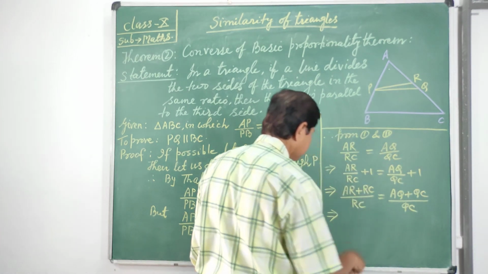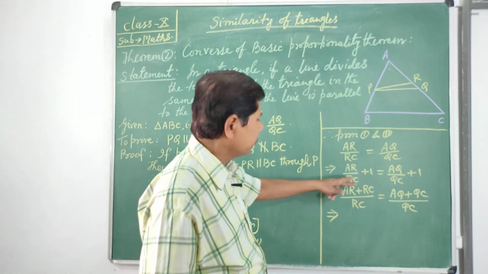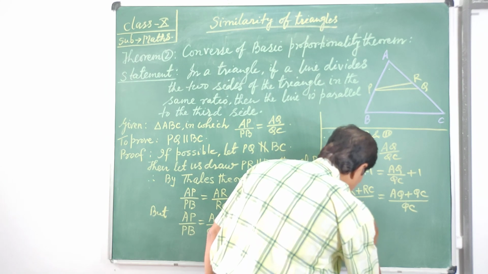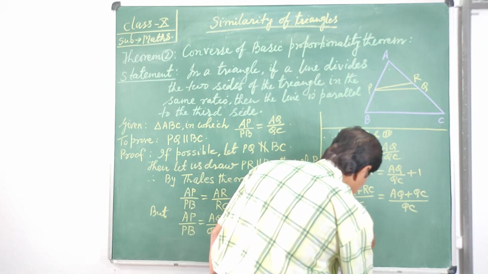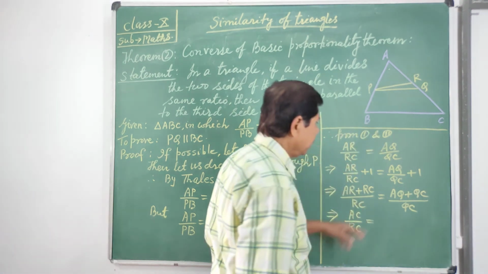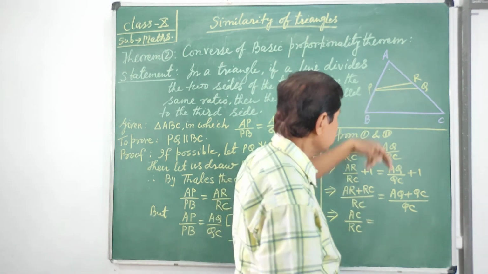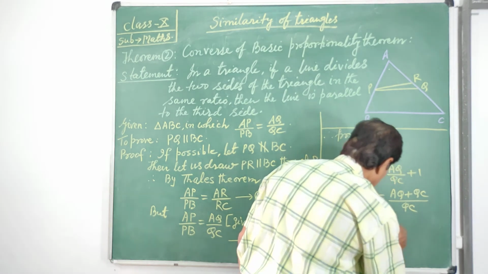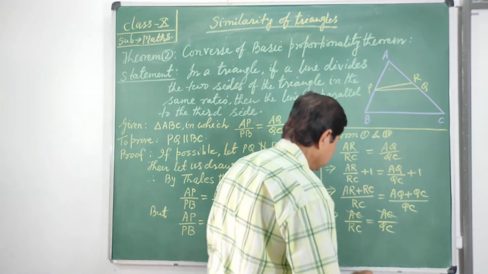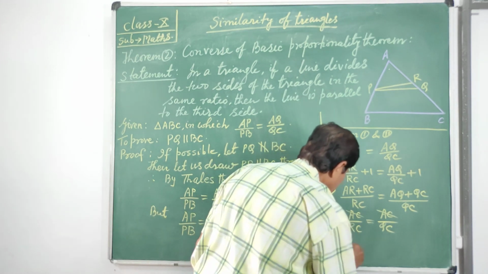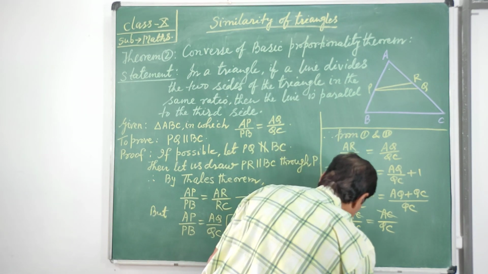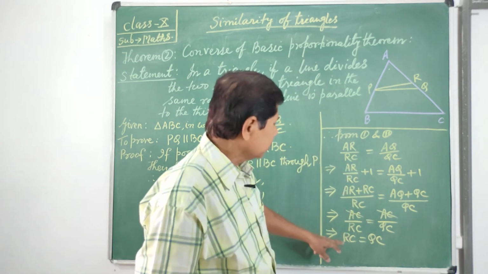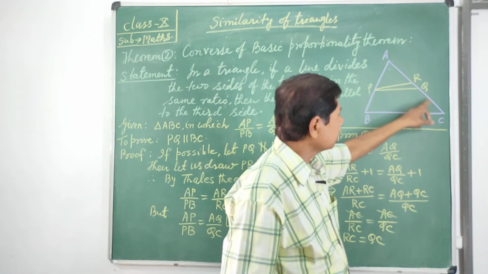This implies, now see the figure, AR plus RC is AC, so AC by RC equal to AC by QC. So AC gets cancelled. This implies QC equal to RC. So we have shown that QC equal to RC.